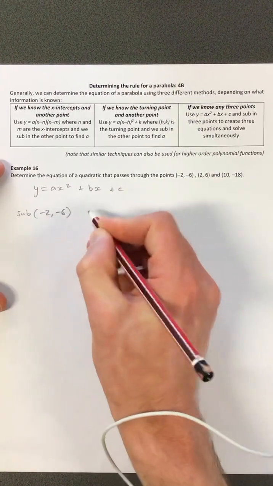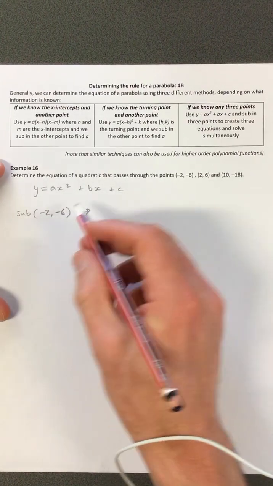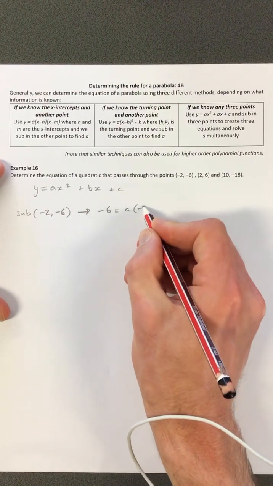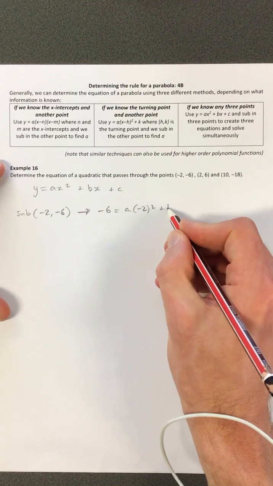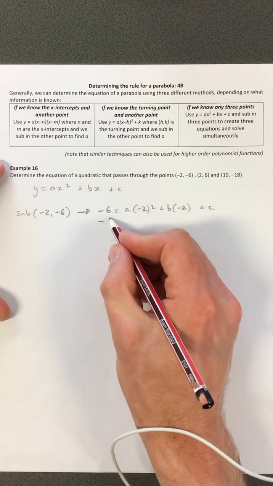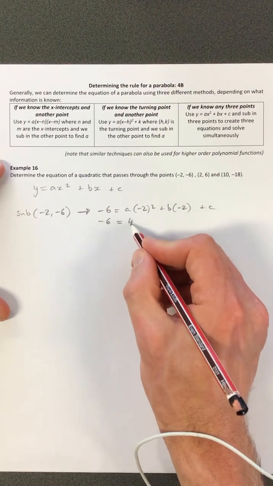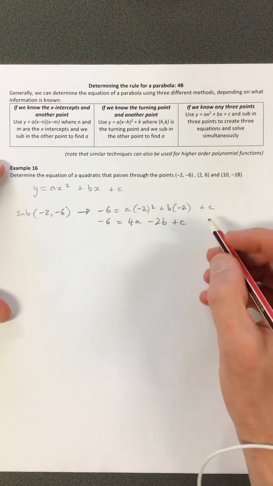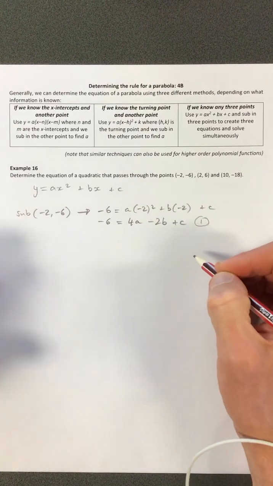Let's sub (-2, -6) first. That will give us -6 equals a times -2 squared plus b times -2 plus c. So -6 equals 4a minus 2b plus c. Let's call that equation 1.